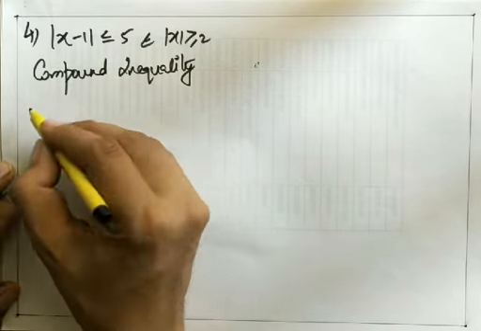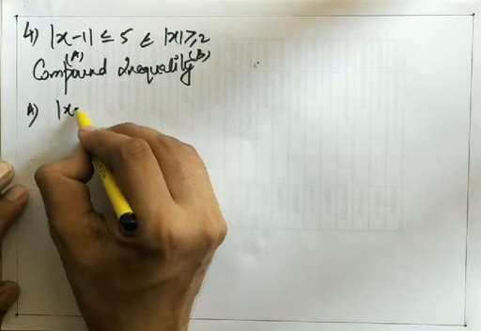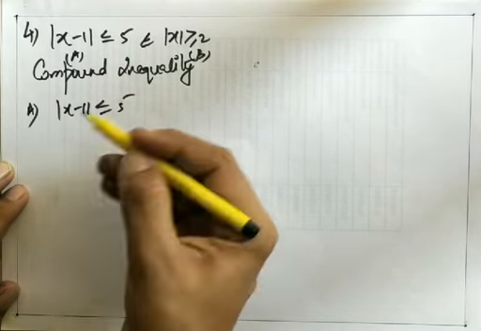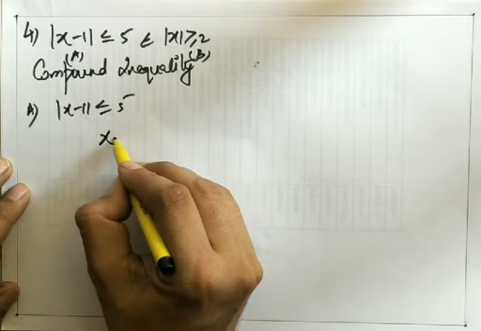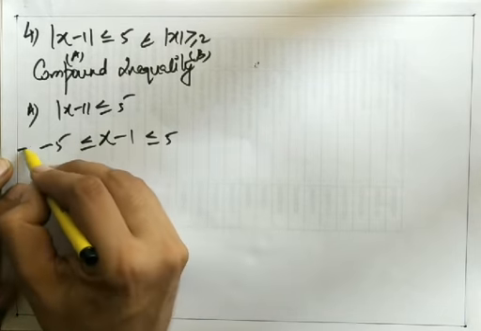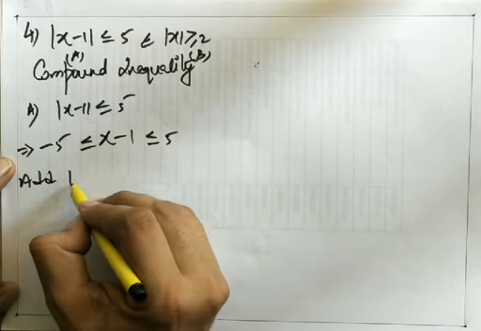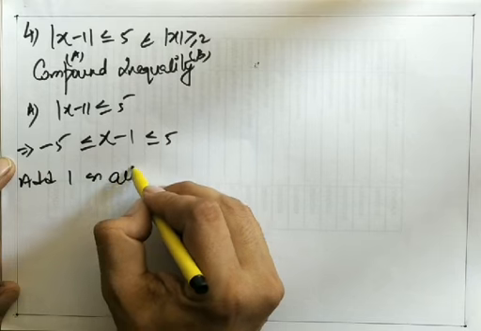Now let me call this one as A and this one as B. So let us talk about A first. This is mod of x minus 1 is less than or equal to 5. Now this is from the basic formula: x minus 1 is between minus 5 and 5. So let us add 1 on all the sides.